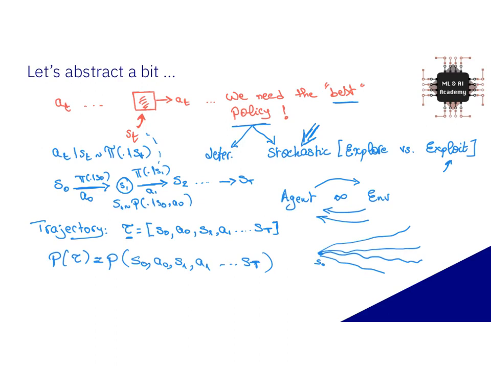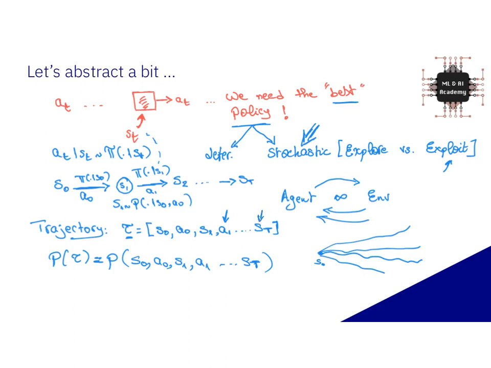So what I mean by this is that the density over this random vector tau is nothing but the density over this intersection of random variables S0, A0, S1, A1, and ST. Each of which, by the way, is a random variable in its own right, because A0, or AT in general, is coming from some density.